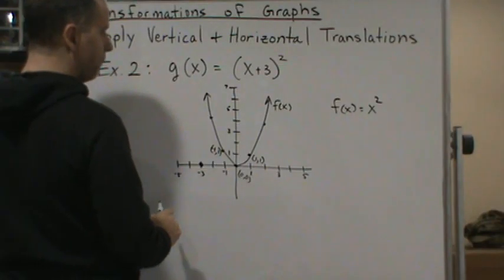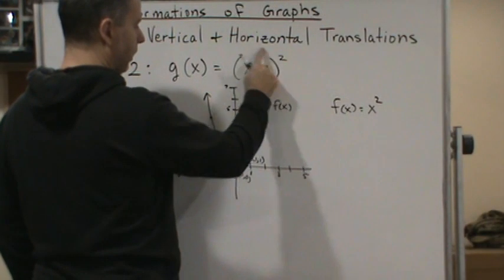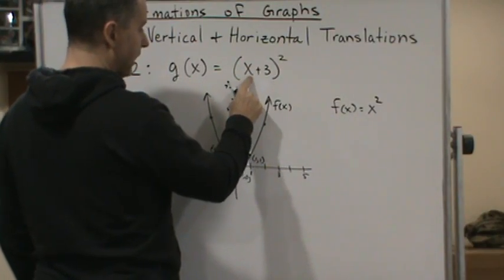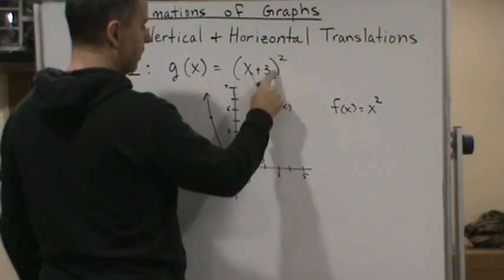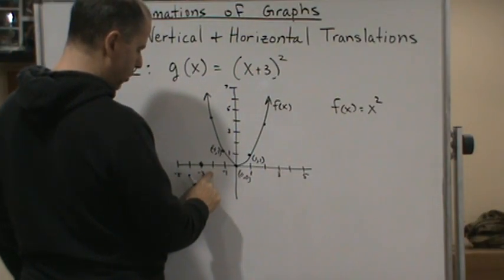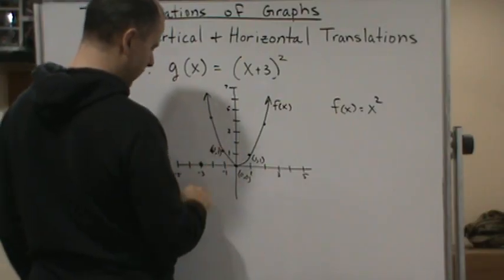Now, what does x need to be in order for this to be 1? Well, if x is negative 2, I get 1 here. 1 squared is 1. So at negative 2, I get 1.